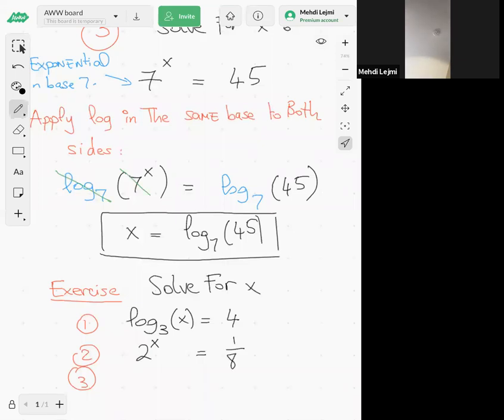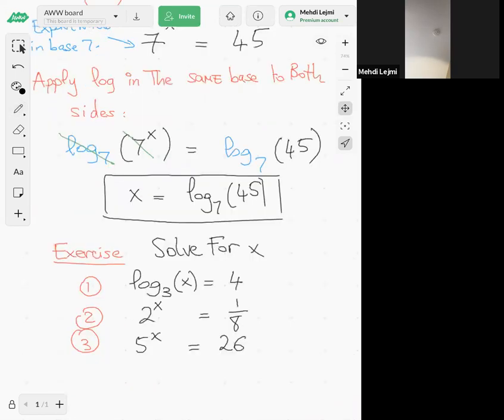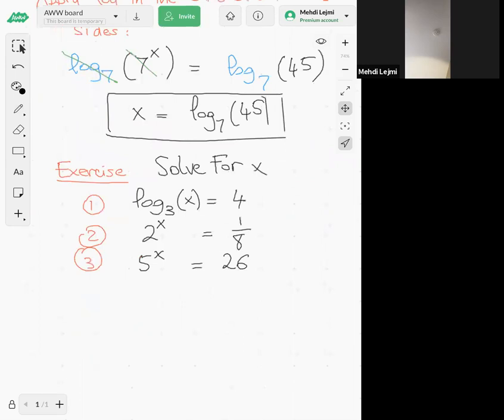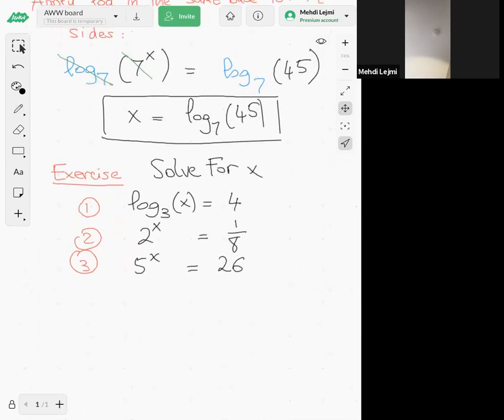And then 5 to the power x is equal to, let's say, 26. Okay. So yeah, please try to solve for x.